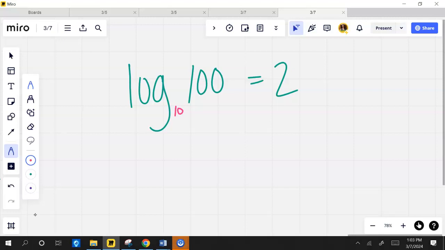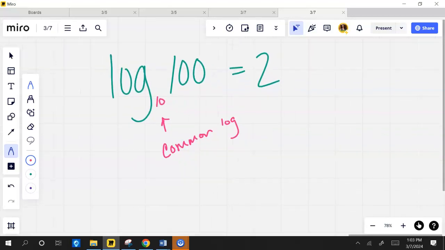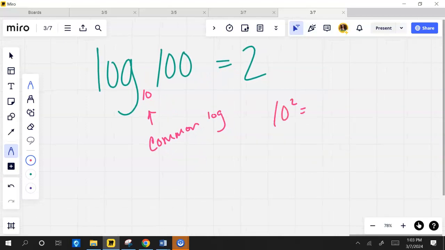That's what we call a common log. So what y'all are doing in chemistry is a common log. It's log base 10. So 10 to the second equals 100. Does that make sense? Yes, because 10 times 10 is 100.